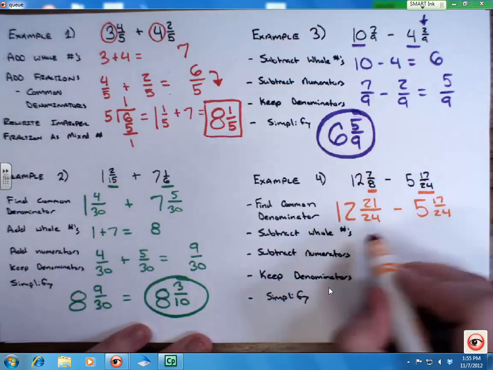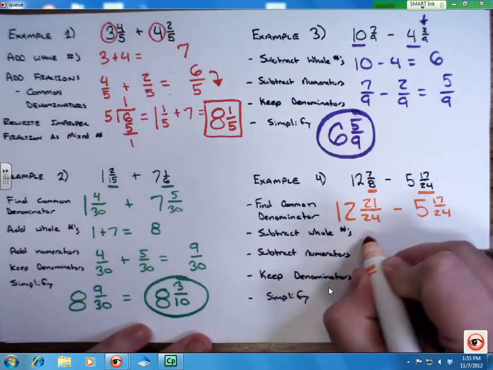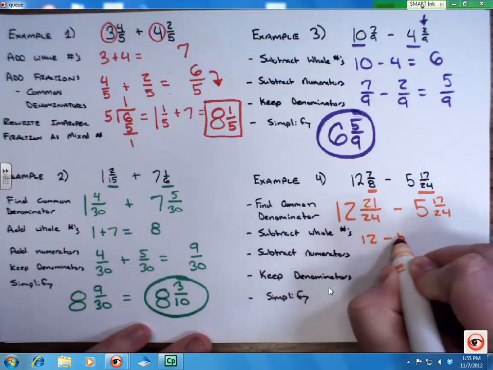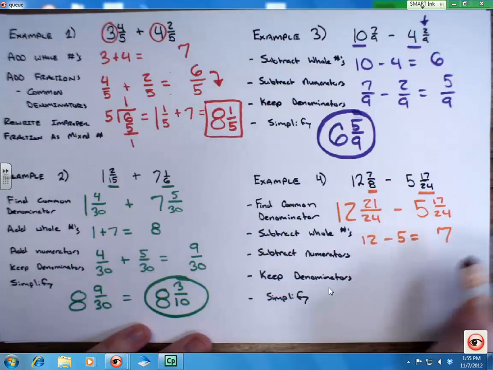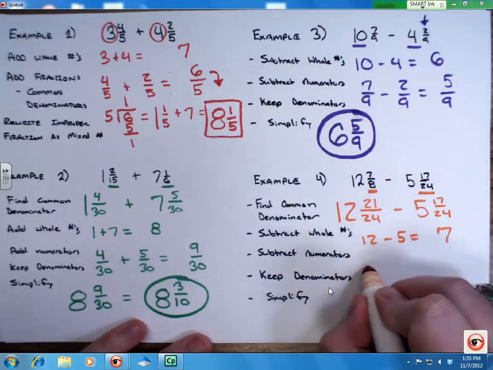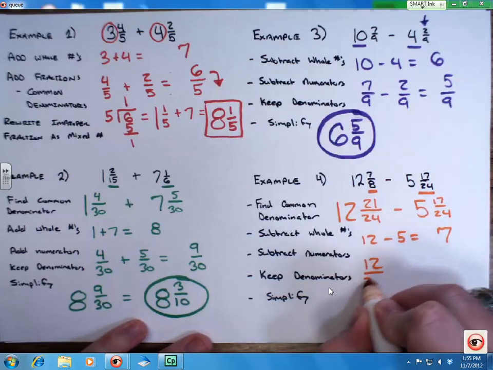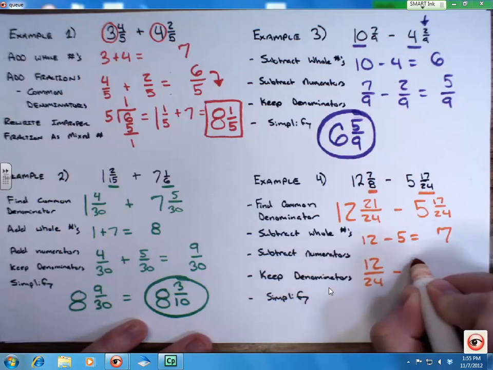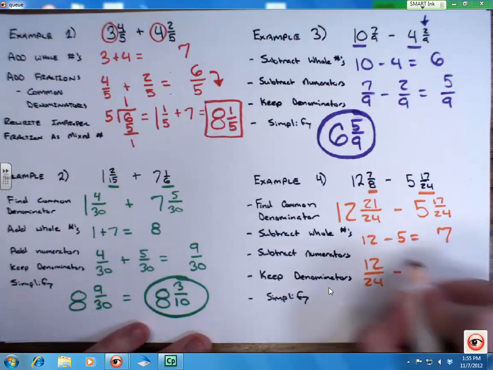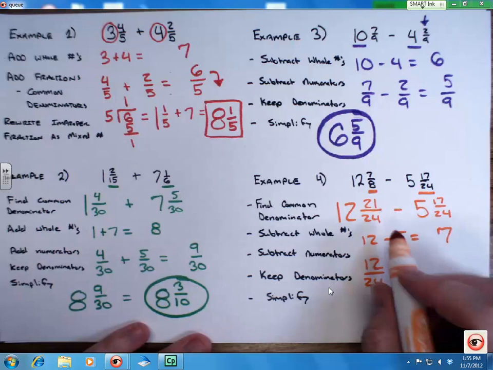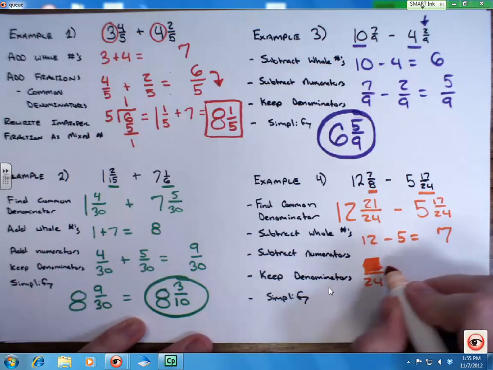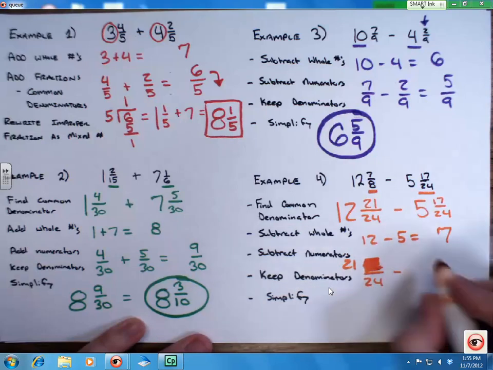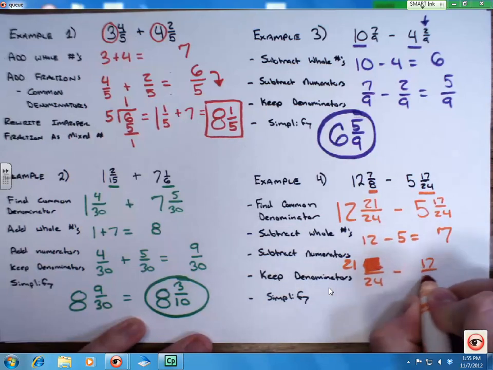Okay, now I can subtract my whole numbers. So I'm going to have 12 minus 5, which gives us 7. Now I subtract my fractions. So I'm going to have, excuse me, I don't know what I'm doing here. Sorry. That should be 21 over 24 minus 17 over 24.